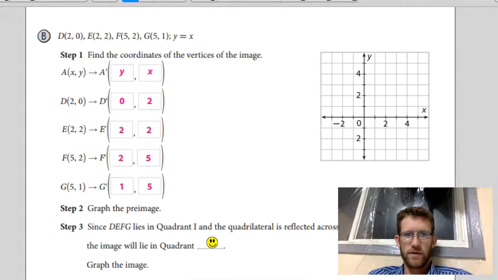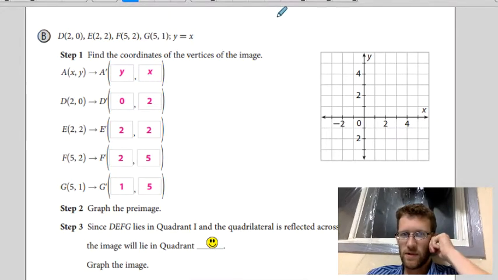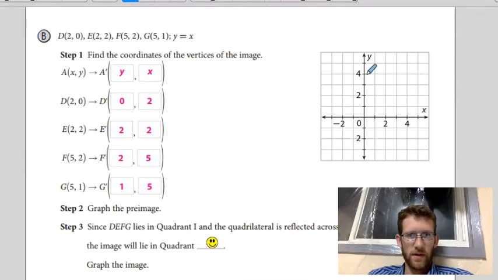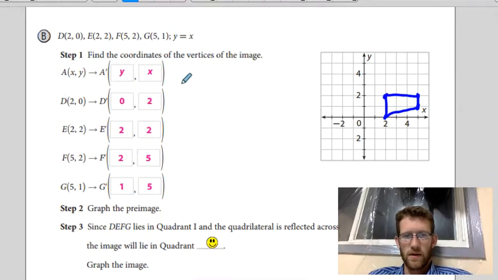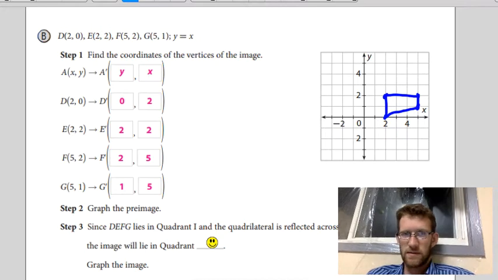Hopefully you got those points. I'm going to go ahead and graph it, see if we get the same thing. So we started with this one, this one, and then this one, and then that one. And then we reflect it over the line y equals x, which I can go ahead and draw.